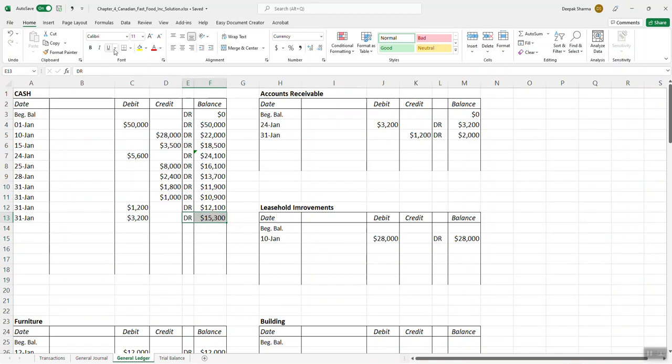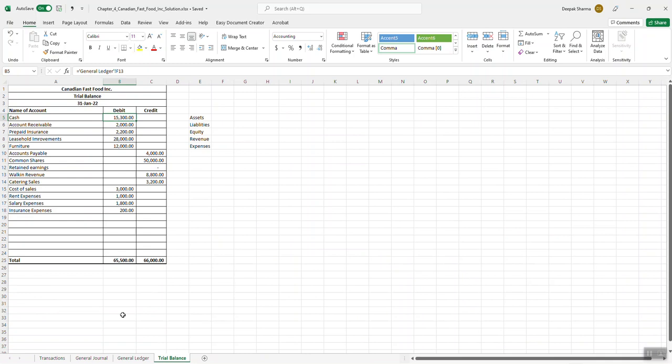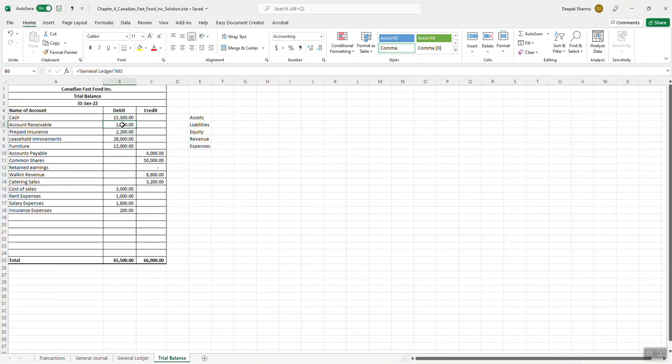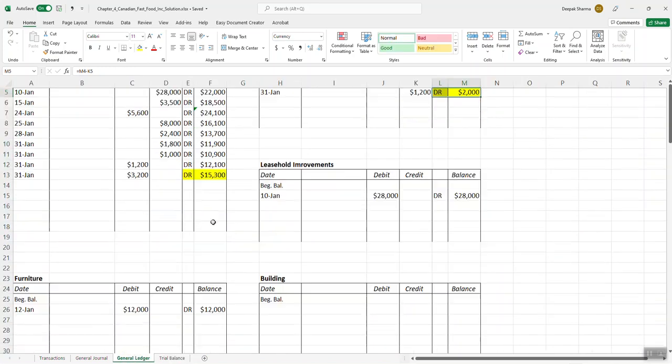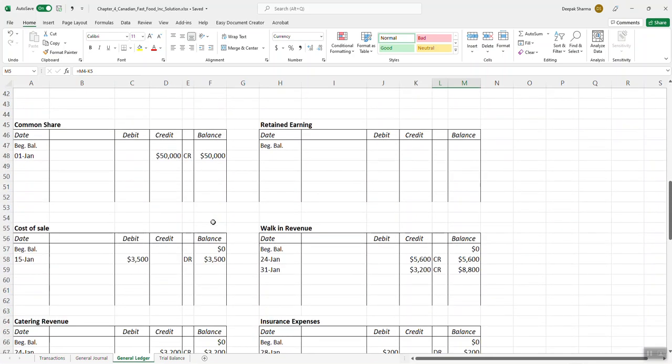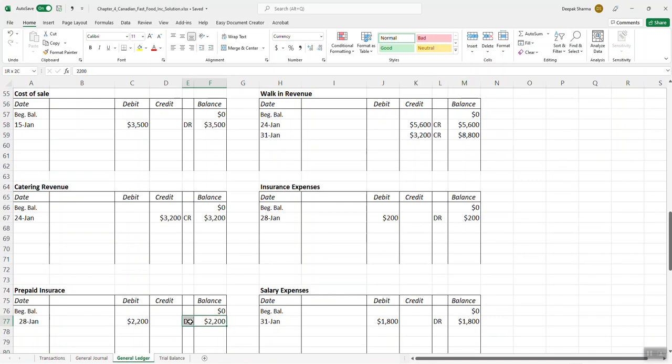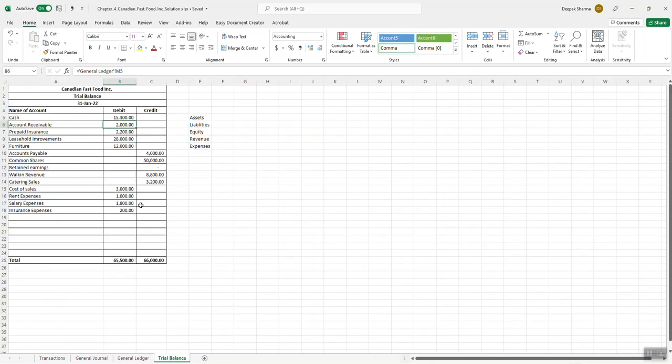So here, cash 15,300, put that on the debit side. Accounts receivable, your balance is 2,000, you put it on the debit side. Prepaid insurance, don't miss that because that was at the bottom, right here is 2,200 debit.